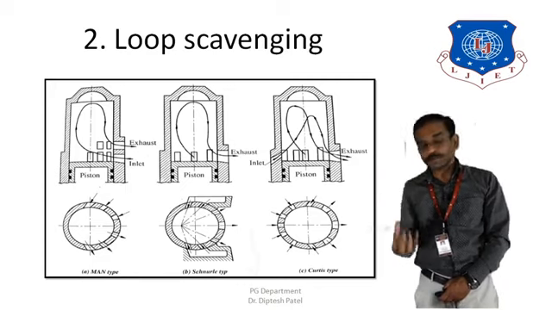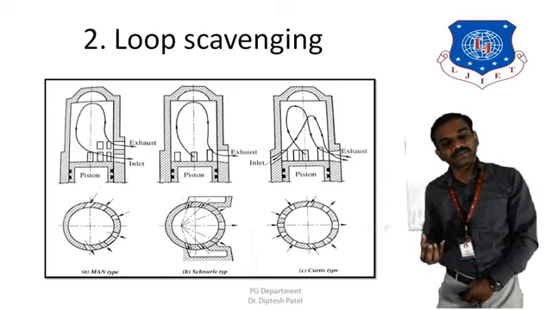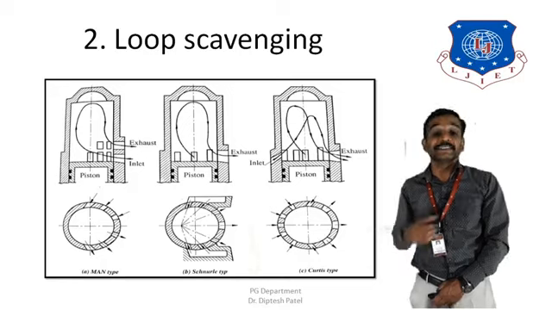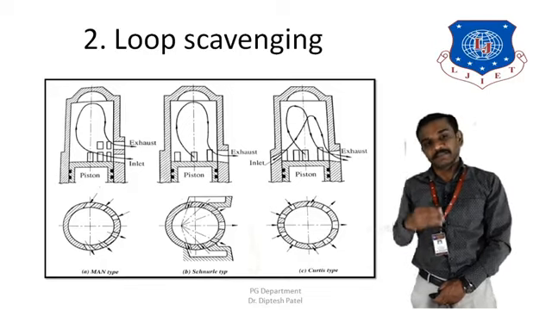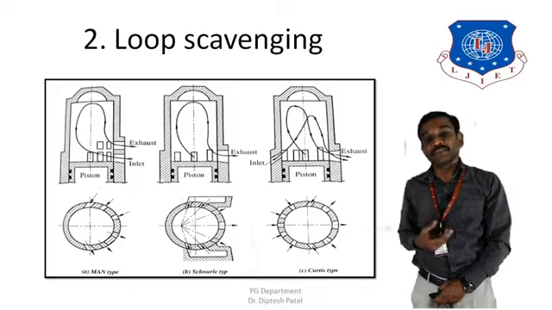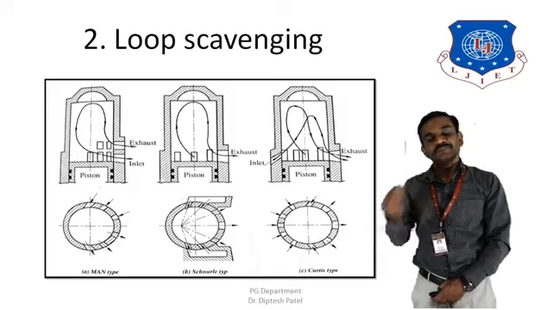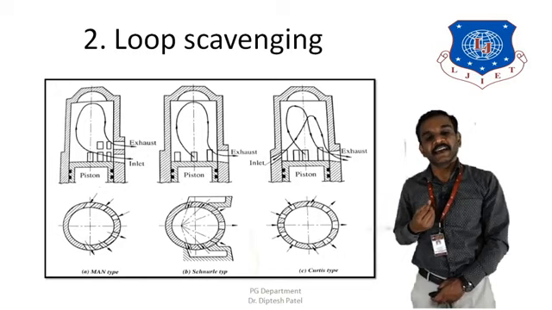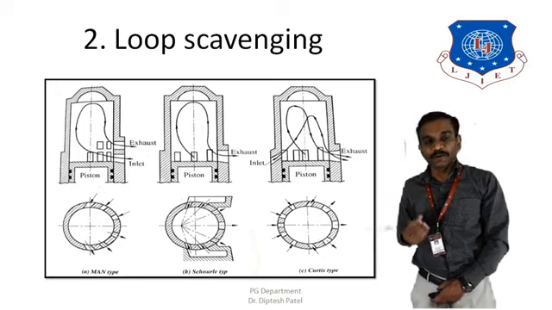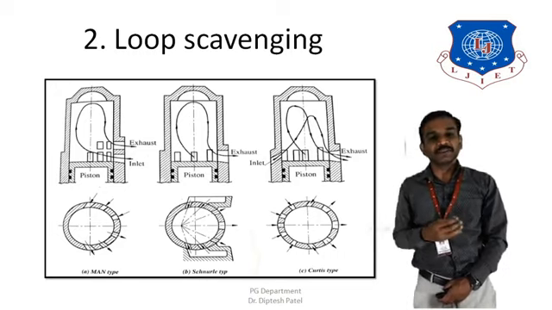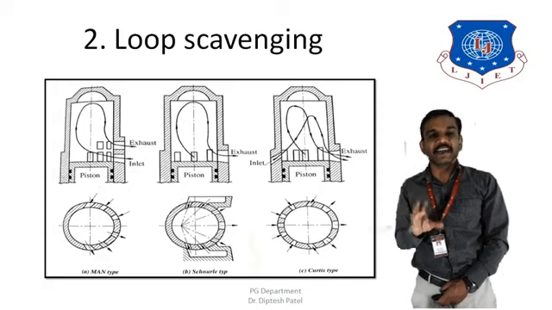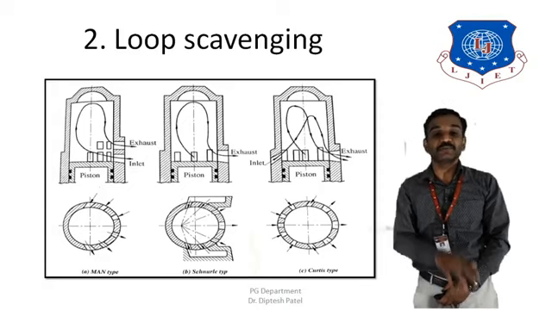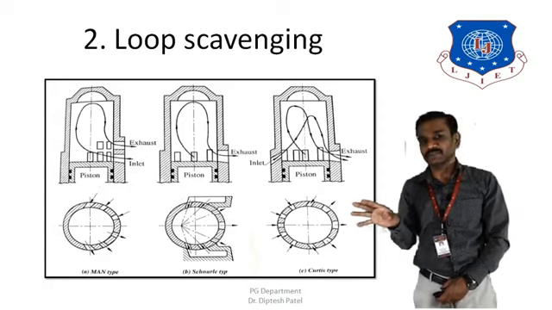When the piston further comes down toward the bottom dead center, the inlet valve opens. Since the exhaust valve opens first, a few gases would already have started to leave the cylinder, and when the inlet valve opens, this would allow the fresh charge to enter the cylinder, and that would further push the gases to leave through the exhaust valve.